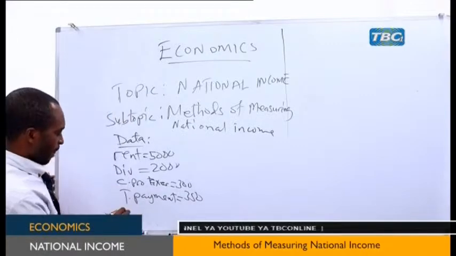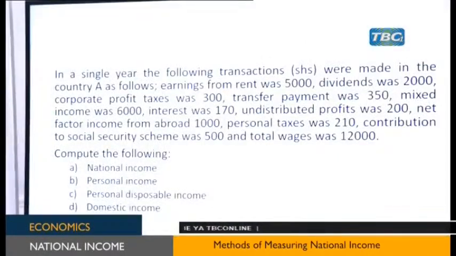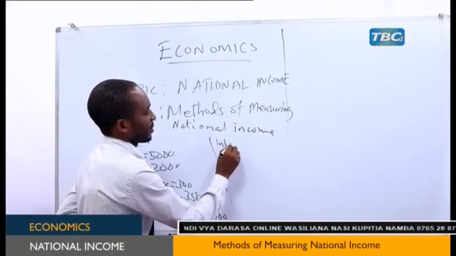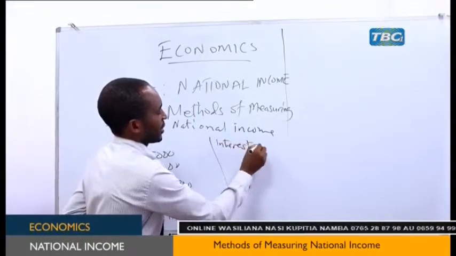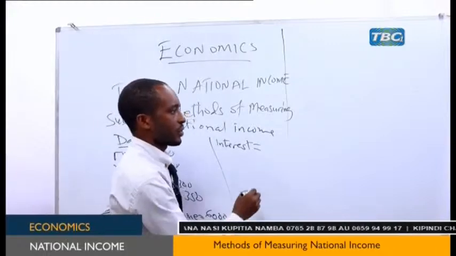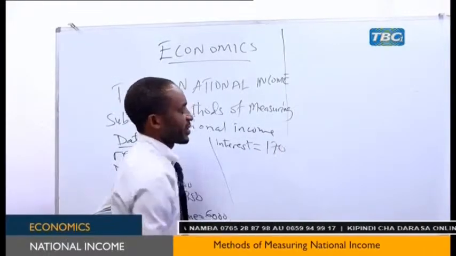Mixed income is equal to 6,000. Then we are given interest equals 170.